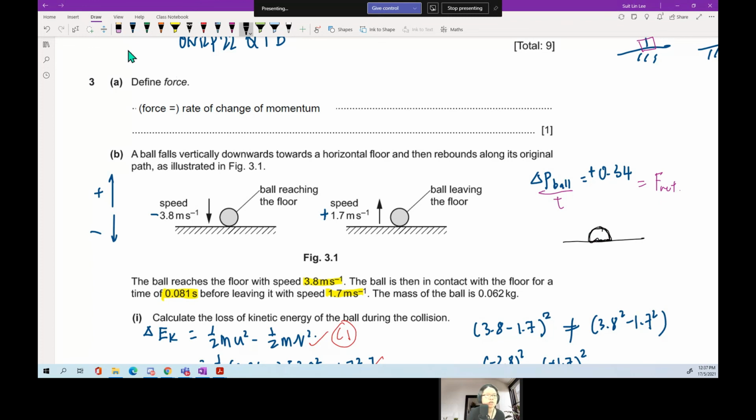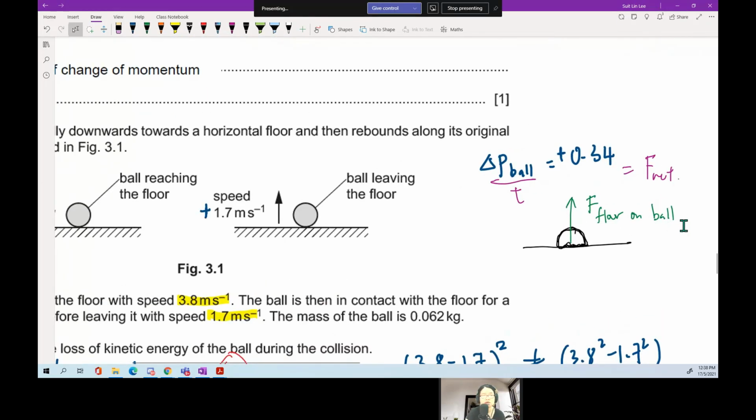When it's being squished, the average force here is 4.2? No. This is the force of the floor on the ball. But at the same time, there's weight, our good old mg. And the 4.2 is your net force. So you need to include mg.